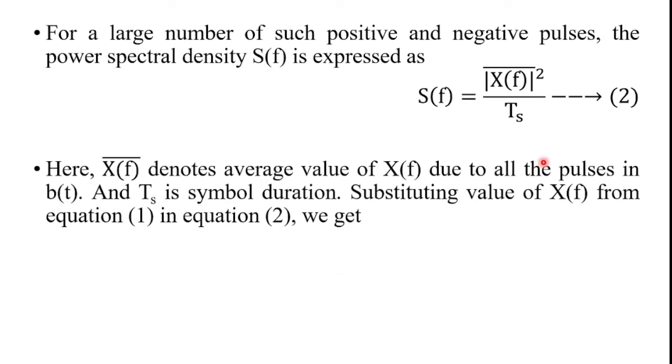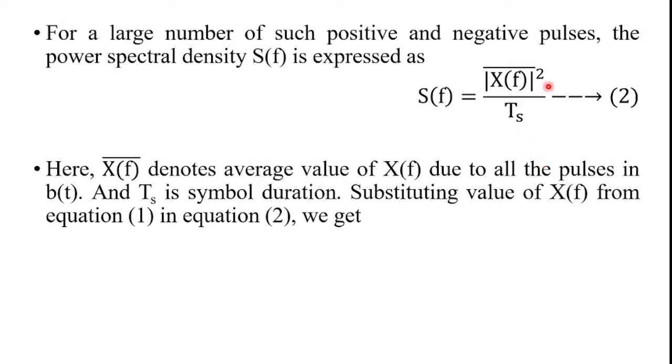Here X bar of f denotes the average value of X(f) due to all the pulses in b(t). And what are all the pulses? One is the positive pulse and the second one is the negative pulse, so b(t) equal to plus Vb and b(t) equal to minus Vb. Ts is the symbol duration.